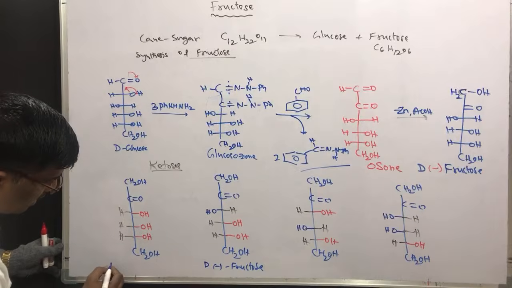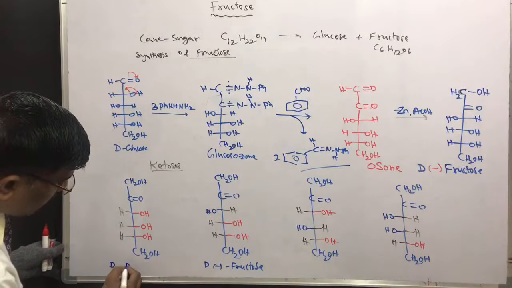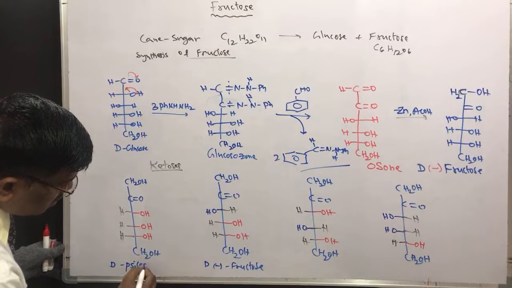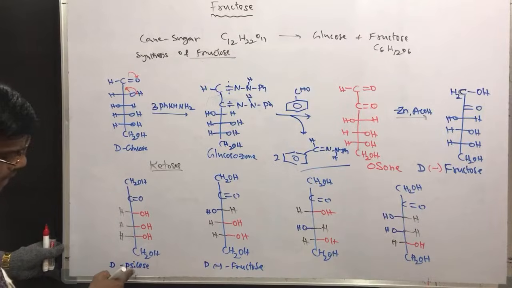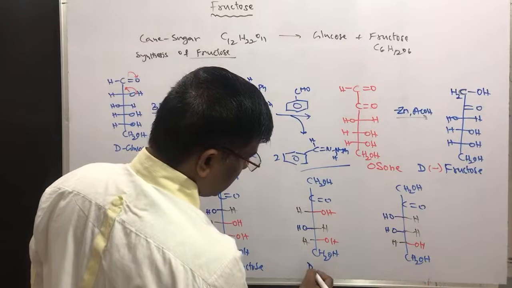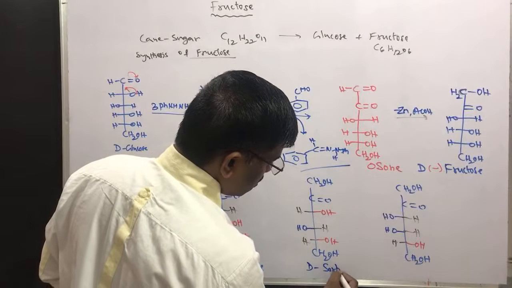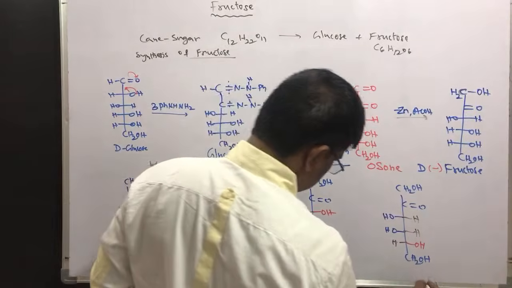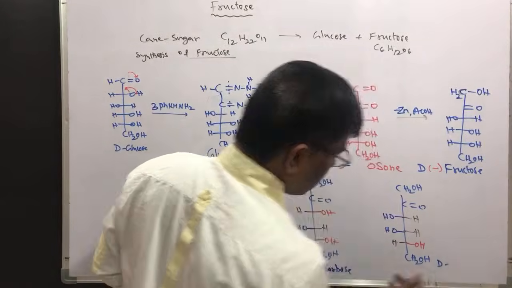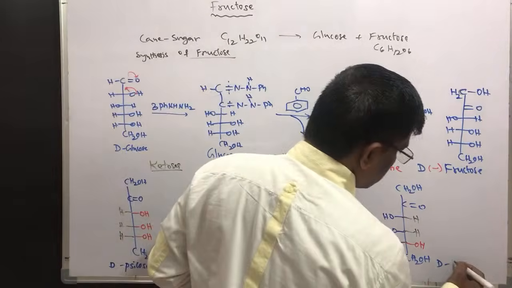D-Psicose, the P is silent, Psicose. D-Fructose. D-Sorbose. And this is D-Tagatose.